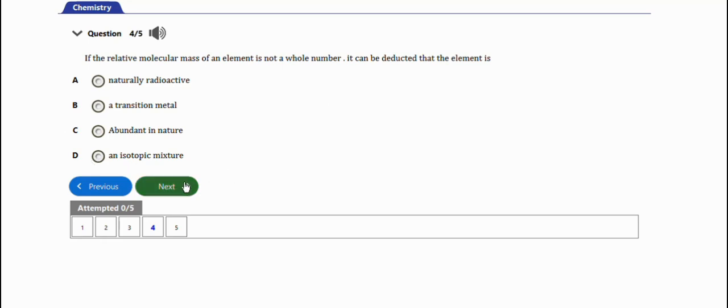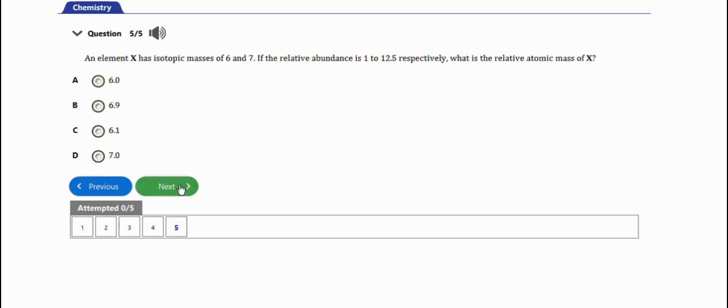Last question before we end this video is this one. It says an element X has isotopic masses of 6 and 7. If the relative abundance is 1 to 12.5 respectively, what is the relative atomic mass of X? Alright, guys, for this question, let's bring a calculator.